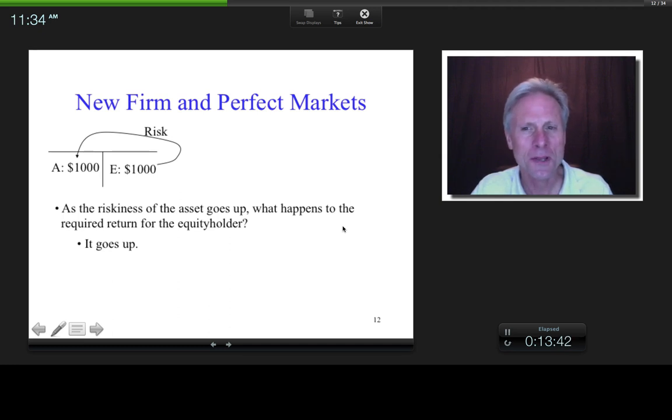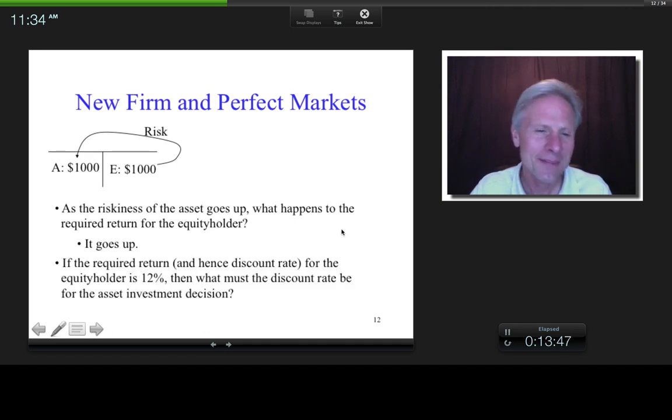So let me ask you this, okay? If in the end the equity holder says, all right, hey, what are you doing with my money? And all right, I'm going to assess that, my required rate of return and therefore my discount rate for the equity is, say, 12%. Well, if the overall required rate of return on this side of the balance sheet is 12%, then what must it be on this side?